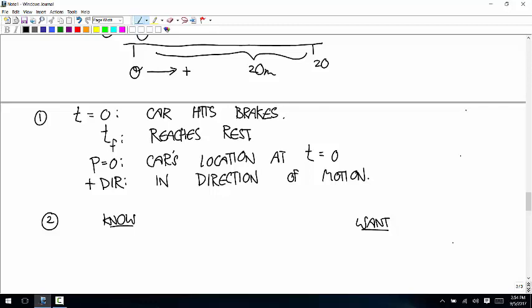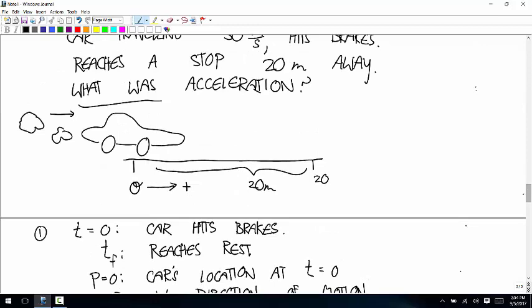What about initial position? So remember, that means the position when time is equal to 0. Do we know what that is? We do have that. If you look up at this picture here, the car is right here when time is equal to 0. And we know that that position value is 0.